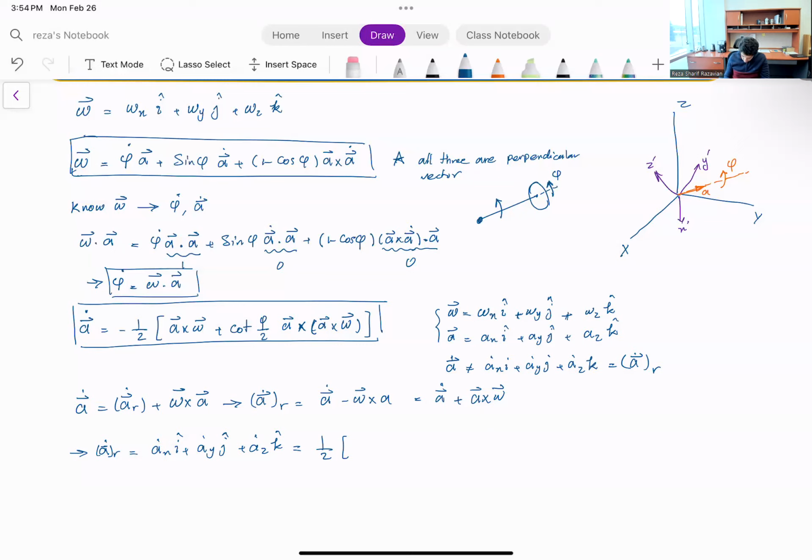I'll take out the half. I have A cross omega and, just to keep the signs correct, minus cotangent of phi over 2 A cross A cross omega.